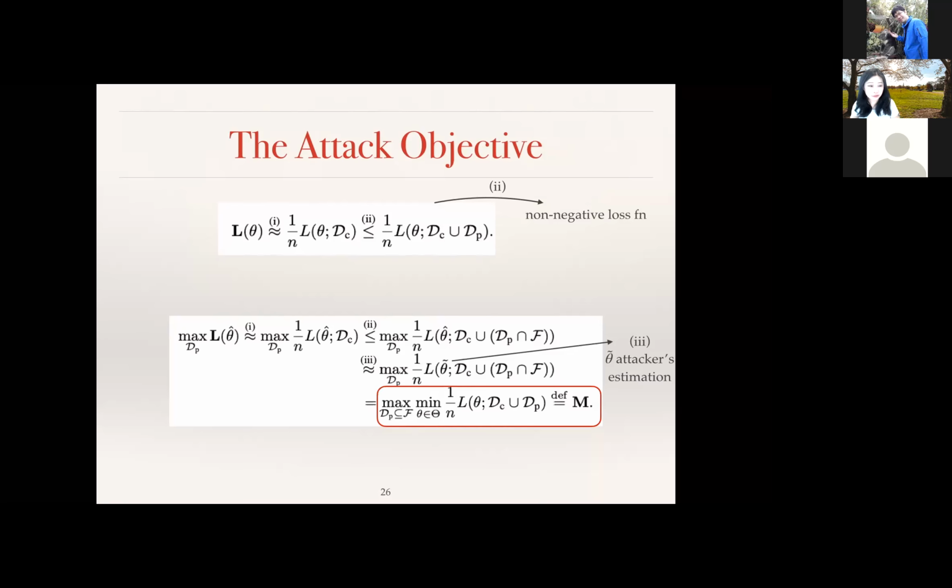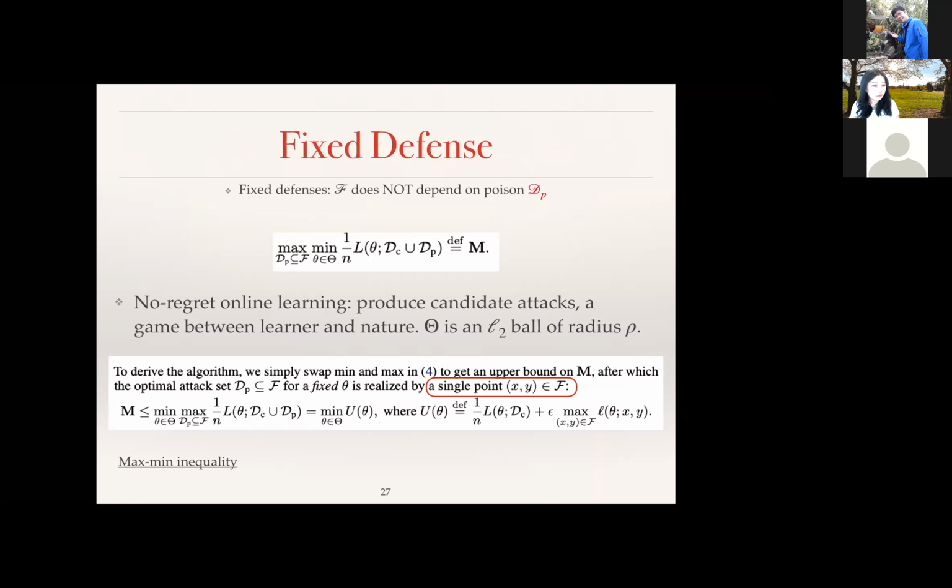That's the key for the certified defense. We said in the fixed defense scenario, this really boils down to a single point that maximizes the loss in the feasible set. Right, this is just a review of last lecture.